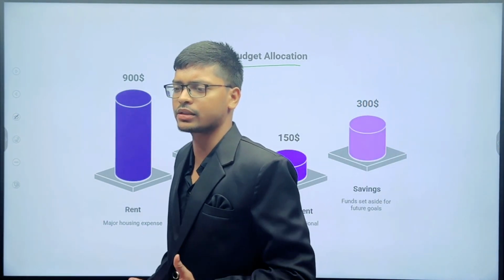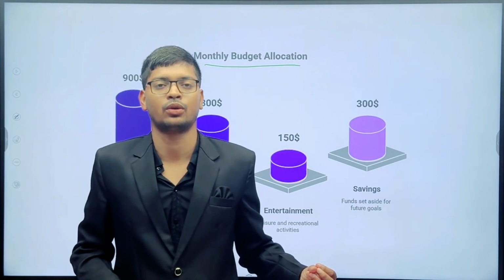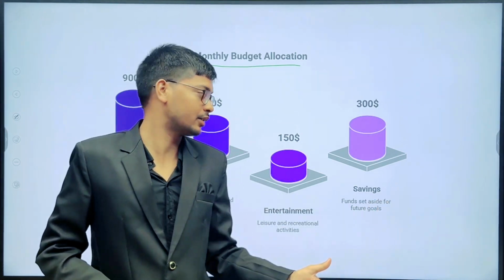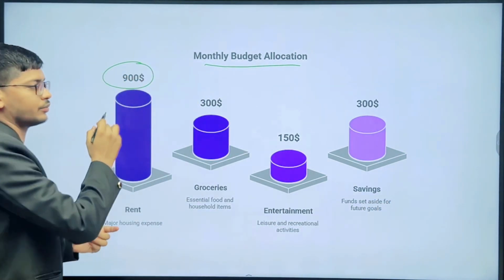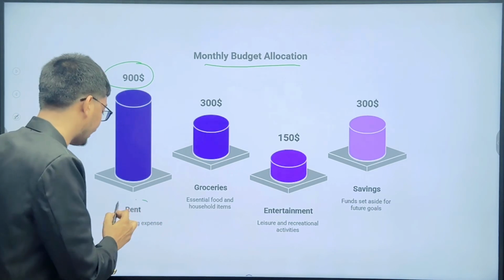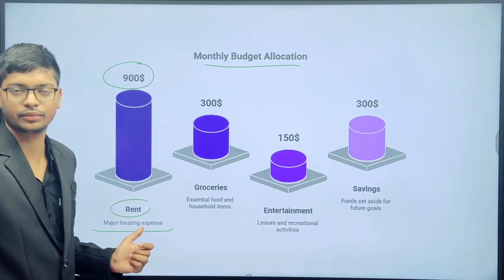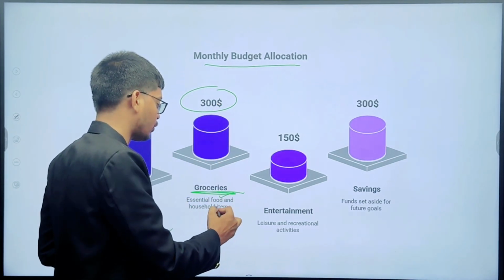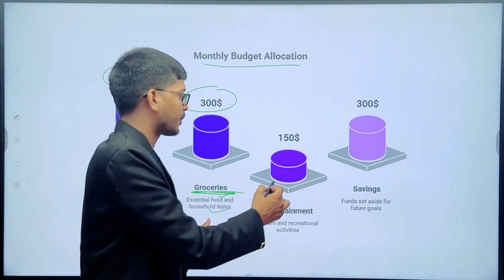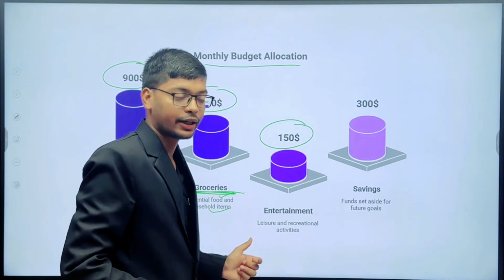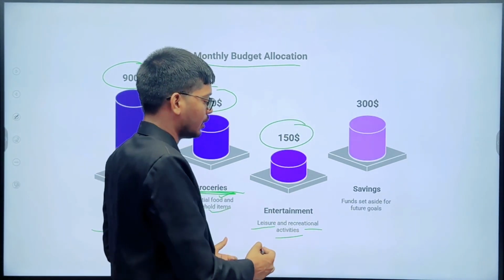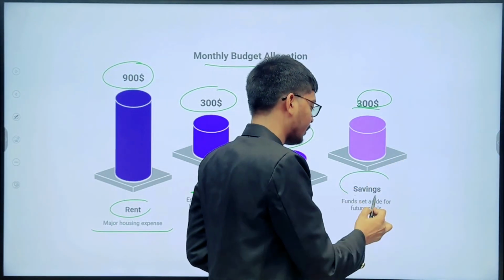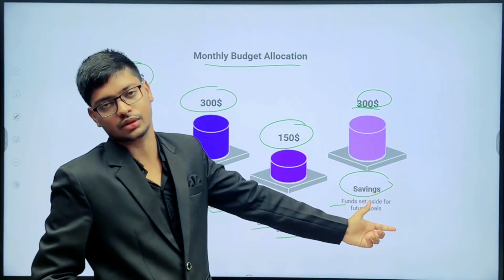Monthly budget allocation means the most important things to spend your money on, like $900 for your rent, major housing expenses, $300 for groceries, like essential food or household items, $150 for entertainment, like recreational activities, and $300 for your savings fund, set aside for future goals.